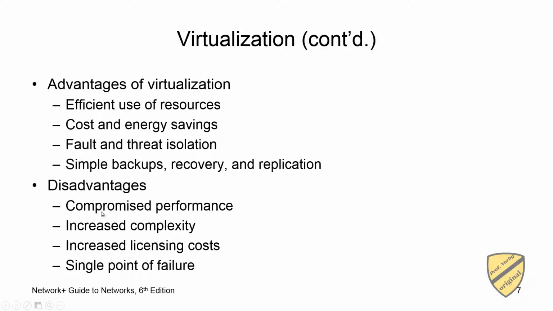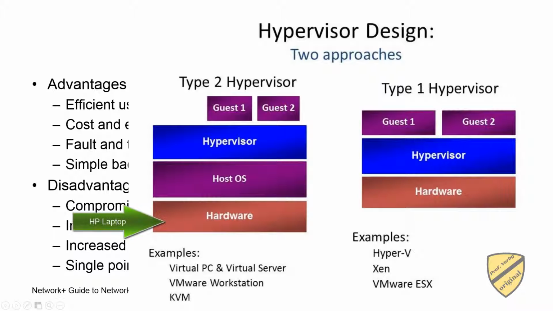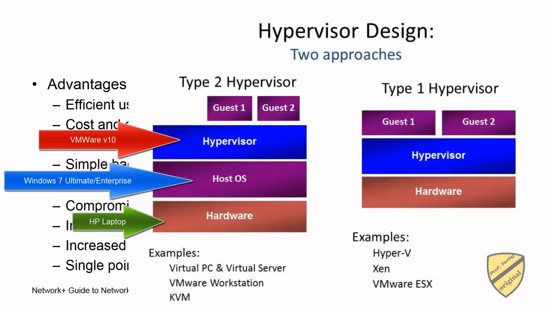The disadvantages are compromised performance, and I take that with a little bit of a grain of salt, because you're going to be running an extra layer. Especially if we're doing our type 2 hypervisor, which is what we're talking about today, where we have a host computer. So I'm running my Windows 7 Ultimate on this host device. So it takes resources to just run this operating system.